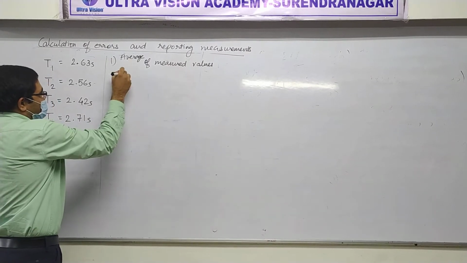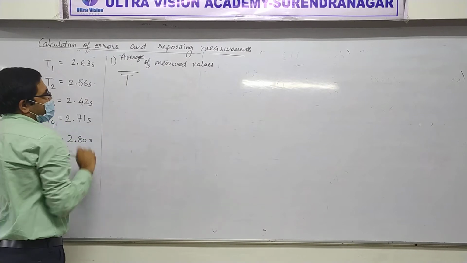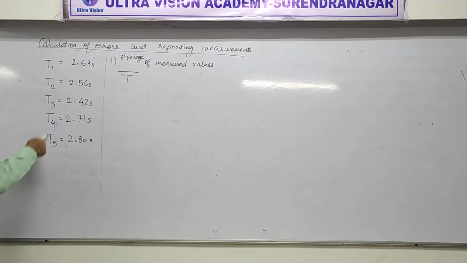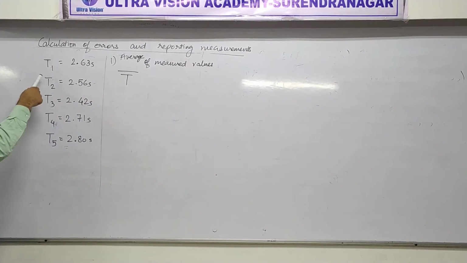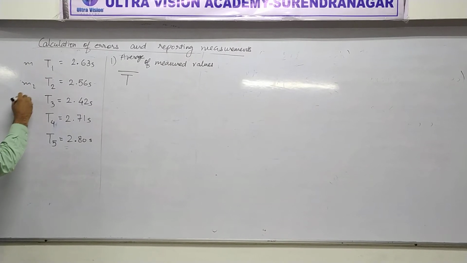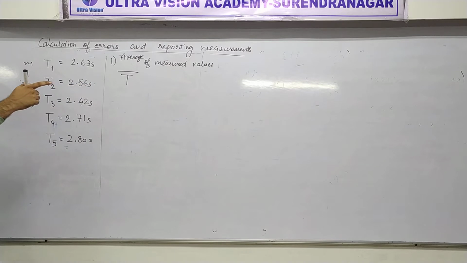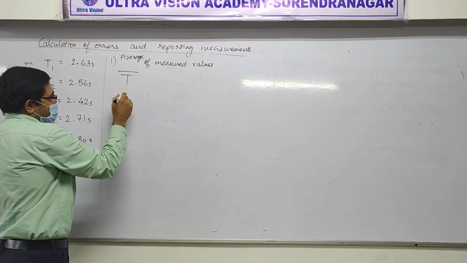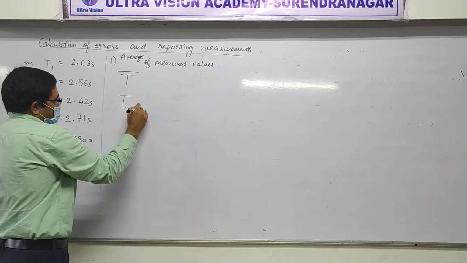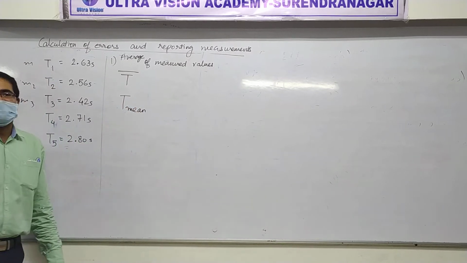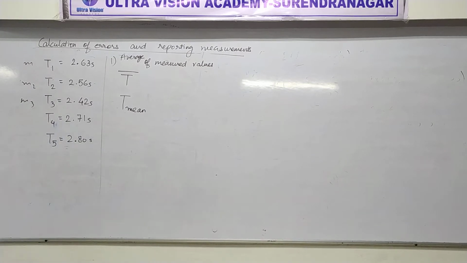Then one more option for us. You can write T bar, because this is time period. Suppose it was mass, M1, M2, M3, then would I write T bar? No, I would write M bar. Clear? Okay or not okay? Yes, M bar. Fine. So you can write T bar. Another option is to write T mean.